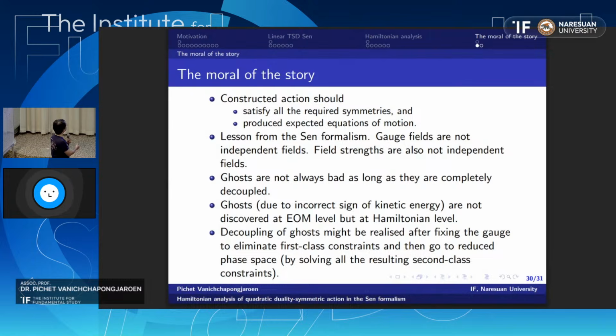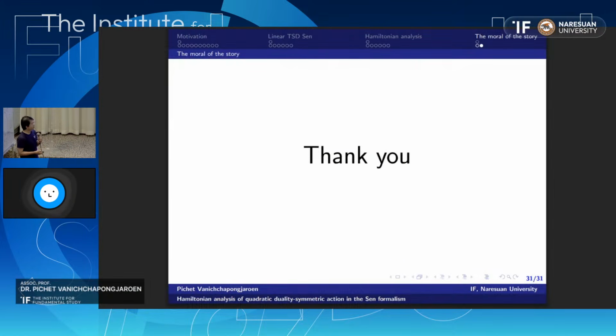By eliminate, I mean change all the first class constraints to second class constraints, and then after you have all the second class constraints, you solve for them to reduce the phase space, and only at this level of reduced phase space do you realize that the ghosts are decoupled. Yes, and this is all. Thank you.